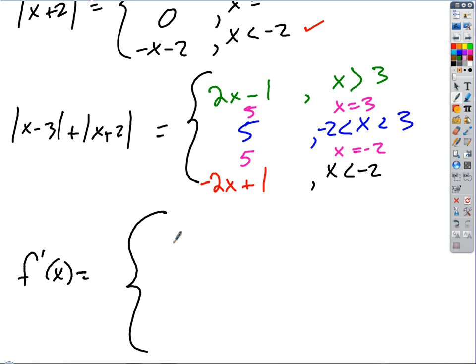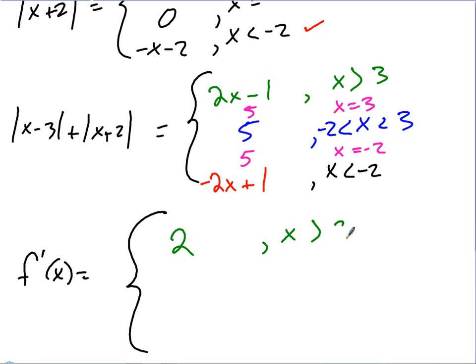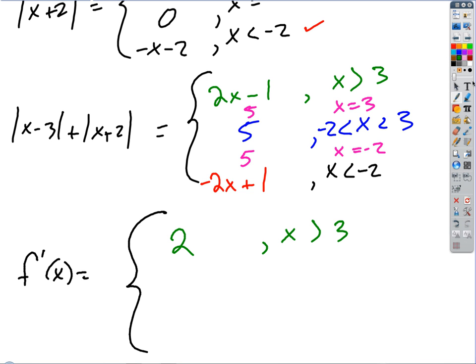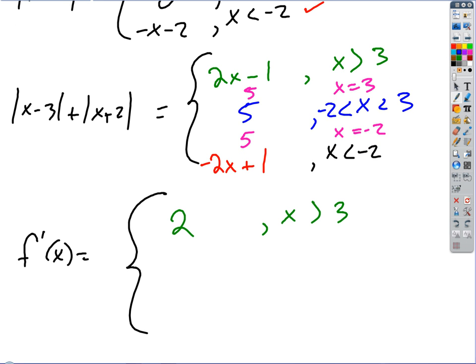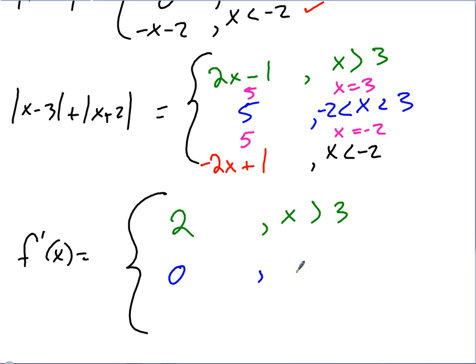Okay, so we get 2 when x is greater than 3. What's the derivative in here? 0. Okay, so in the middle we're going to get 0. And what about the bottom? -2.